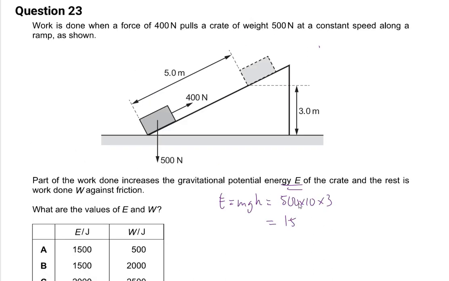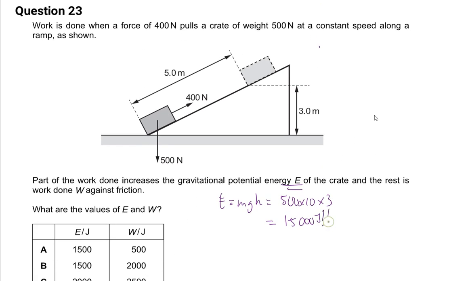Okay, if I do gravitational potential energy, the weight is 500, gravity is 10, the height it has gone up to is 3. This gives me 15,000, that is not one of the options, so this is something strange.